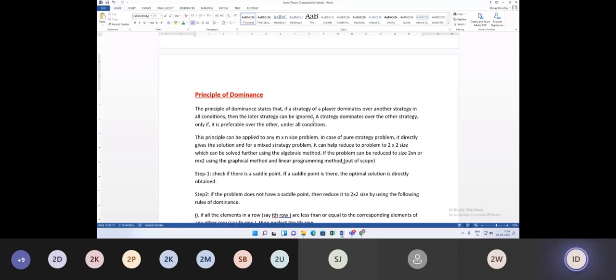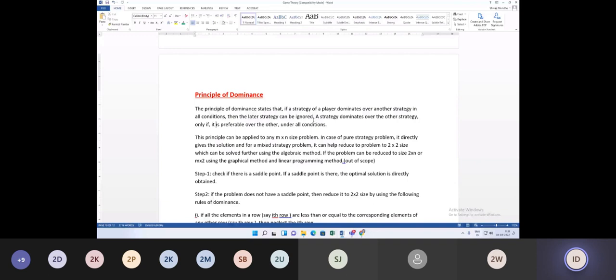Over the other strategy, right? Sometimes it happens in the play. So in such a case, this principle can be applied to m by n size problem. Right? In case of a pure strategy problem, it has a solution, and a mixed strategy problem, it can help to reduce the problem to 2 by 2.